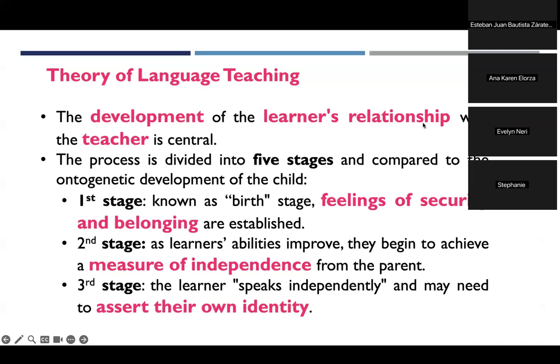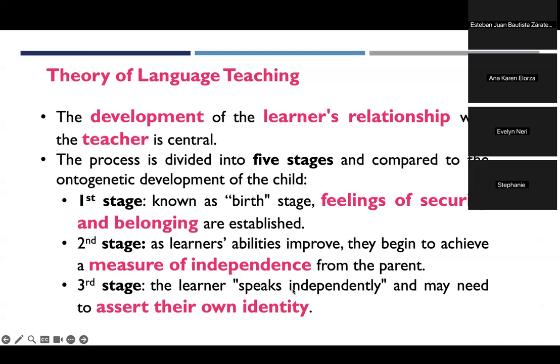The second stage, the learner's abilities improve, so they begin to achieve a measure of independence from the parent. In this case, it's quite similar to the adolescence. The third stage, learners speak independently and may need just to assert their own identity.